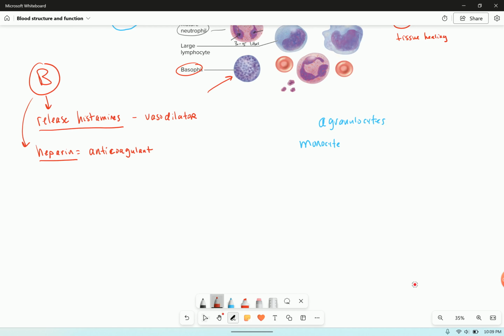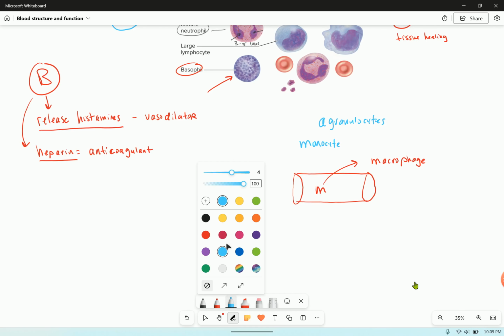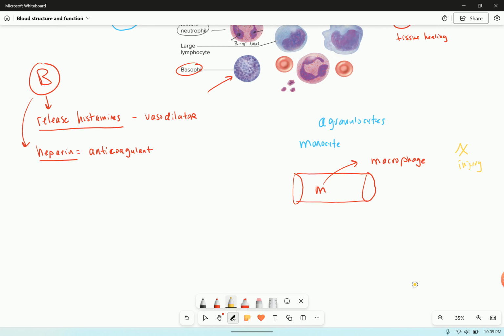Okay, so there's a monocyte that is inside of a blood vessel. When it leaves, it turns into a macrophage. The reason why it would leave is because the site of interest, we'll call that X, means injury. So there's bacteria and all this other stuff.